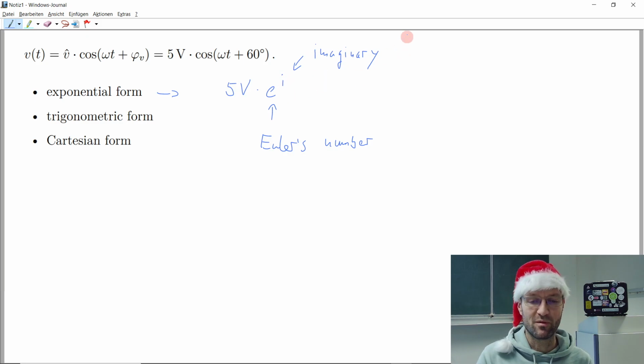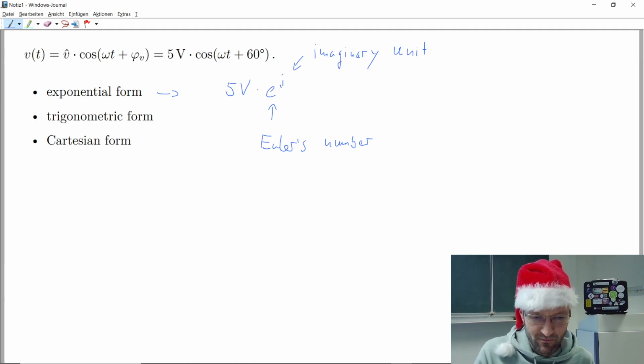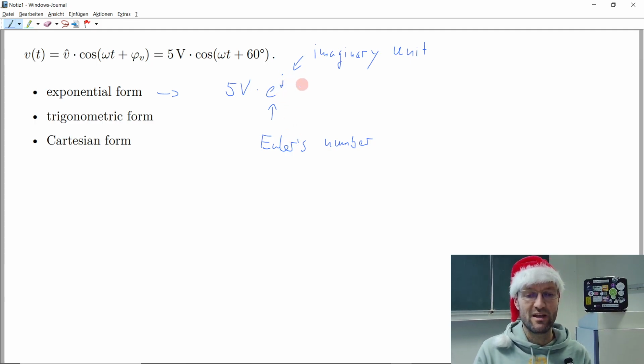But what problem do we have in electrical engineering? It's the same symbol as for the current. That's why we usually write a small j. I try to make this i into a j, and then we give it the same phase, 60 degrees. So this would be our complex phasor.